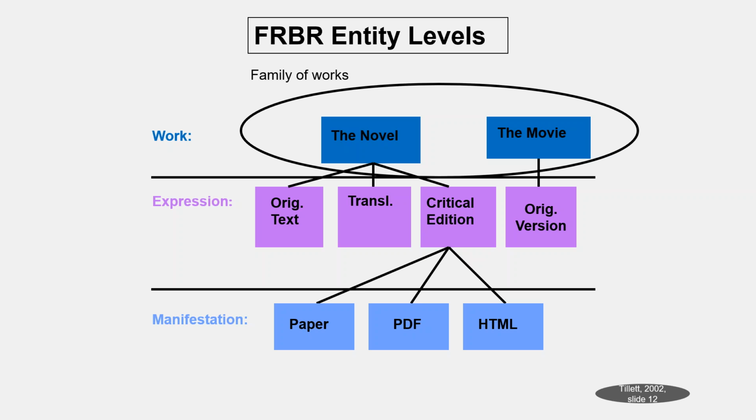So this is showing the family of works using the work, expression, and manifestation as basically levels. The FRBR model was intentionally kept to the 4 levels of entities in group 1, and that means work, expression, manifestation, and item.